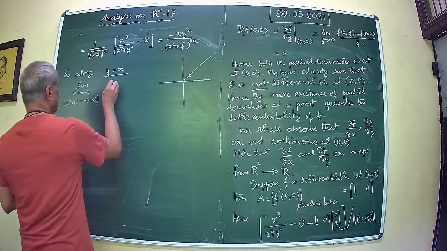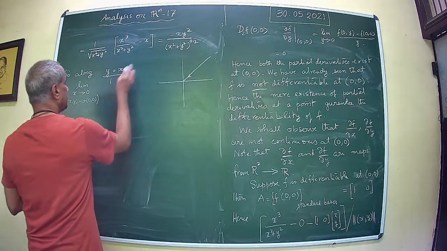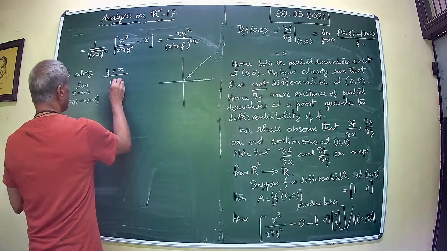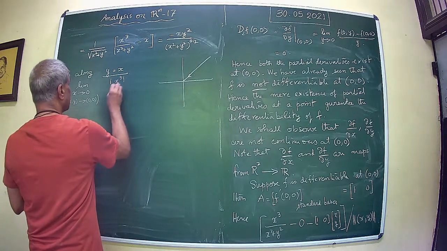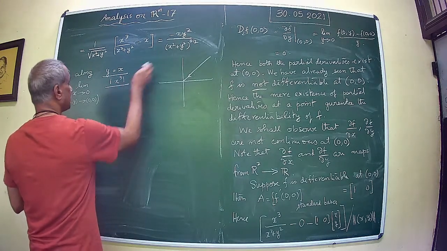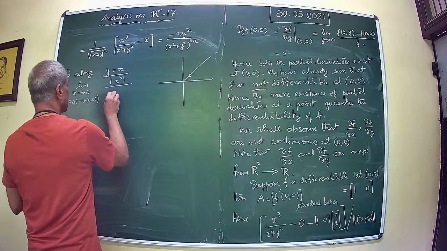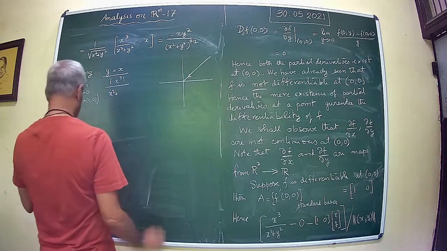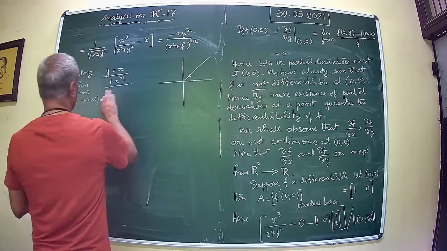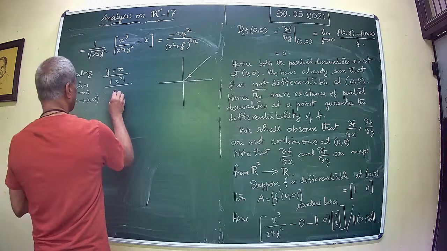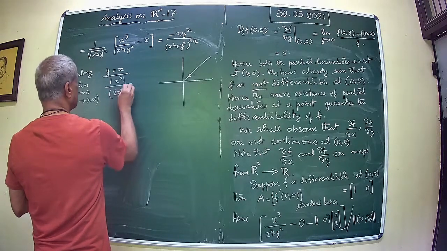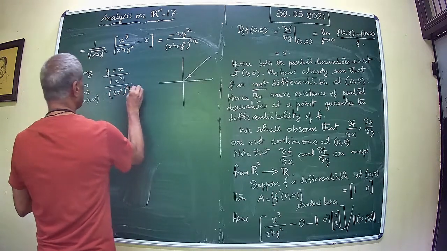This is equal to mod, or rather 2x square to the power 3 by 2.